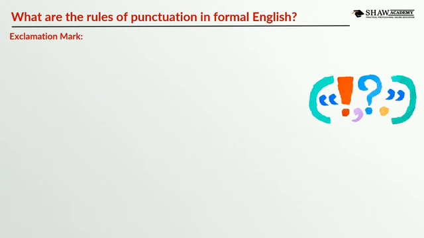Now, what have we got next, guys? We've got the exclamation mark. So, the exclamation mark is not used very often in formal English writing, okay? But we still need to know. So, an exclamation mark, like a question mark, it replaces the full stop.